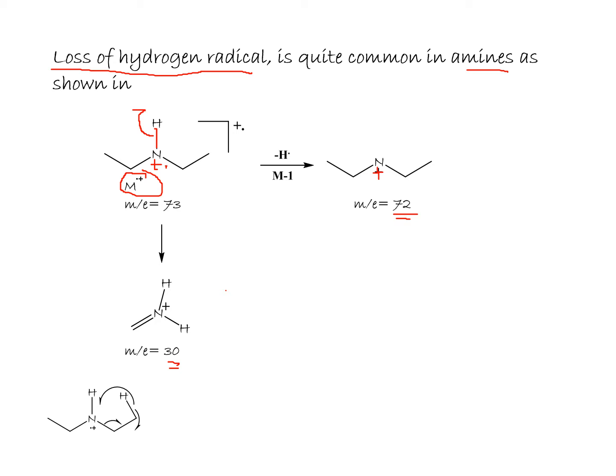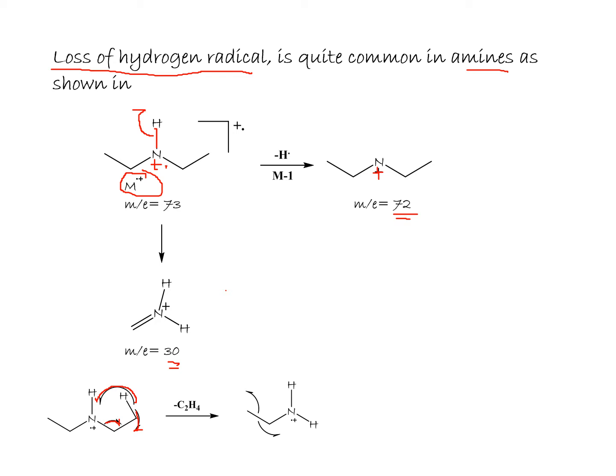Assuming that the molecular ion has hydrogen transfer with elimination of CH2 double bond CH2, a neutral species, you end up with an N cation radical.